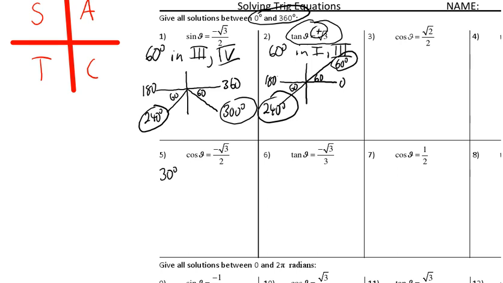And what 2 quadrants can cosine have a negative value in, Nina? Quadrant 2 or 3. Good. Quadrants 2 or 3. We can't give a first quadrant answer because all of them are positive. We can't give a fourth quadrant answer because cosine is positive there.